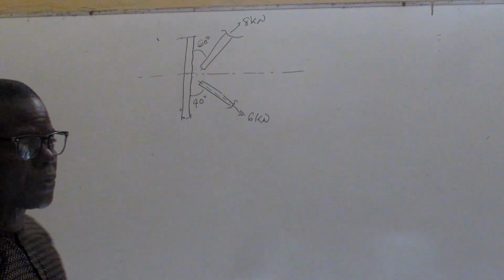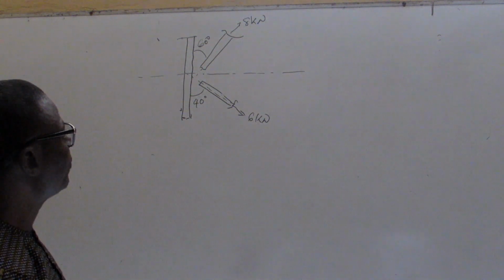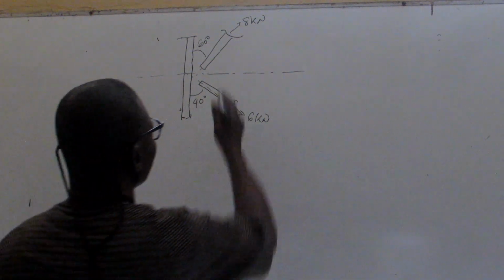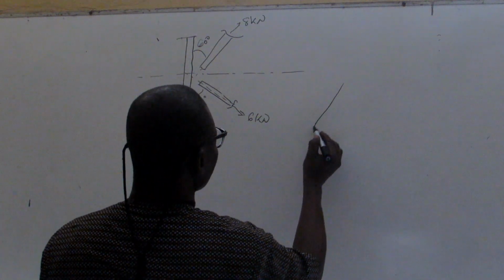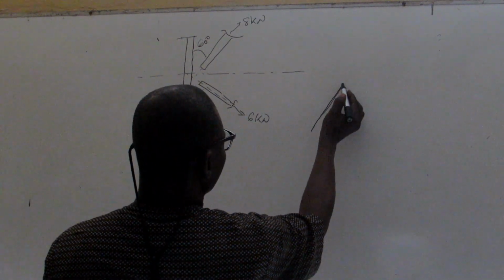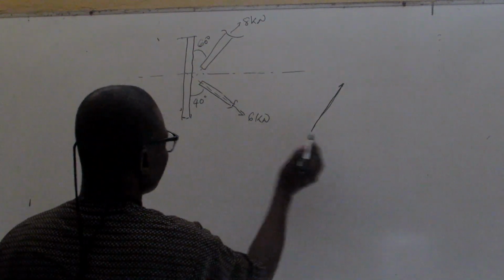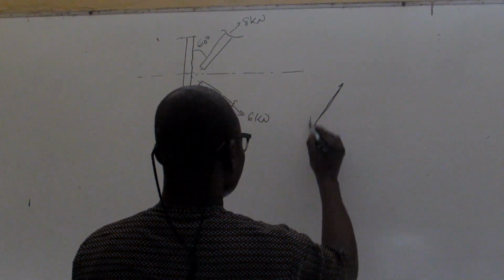So the first thing we do is to construct a parallelogram. These two forces, what do we do? Look at the 8 kilonewton. We draw the force here, 8 kilonewton, acting this way, and then this one here, 6 kilonewton.